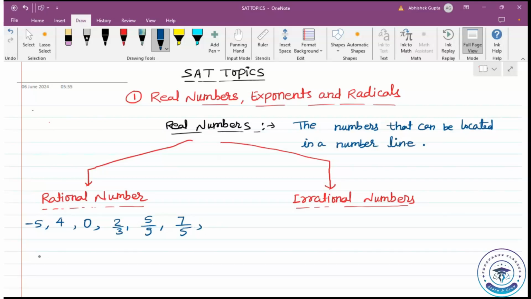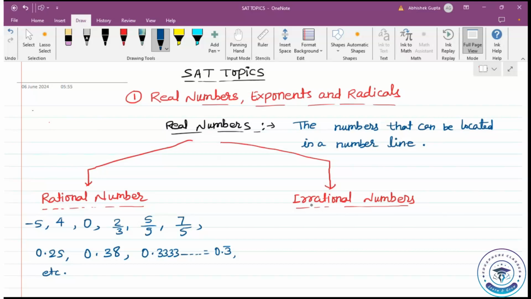Then we can take any terminating decimals like 0.25, 0.38, and any repeating decimals like 0.3333, which we can write as 0.3 bar. So these are the rational numbers.